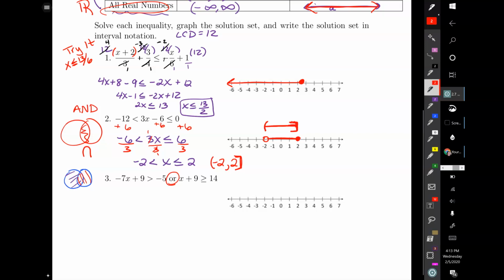So or in math means that it's and/or, and sometimes there is no overlap at all, like what's actually going to happen with this one.